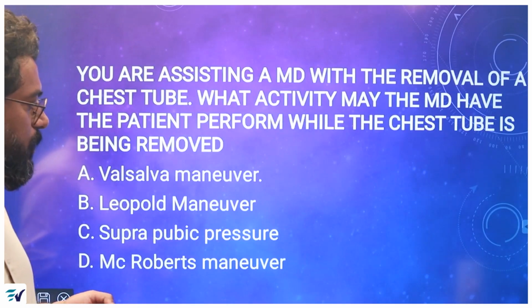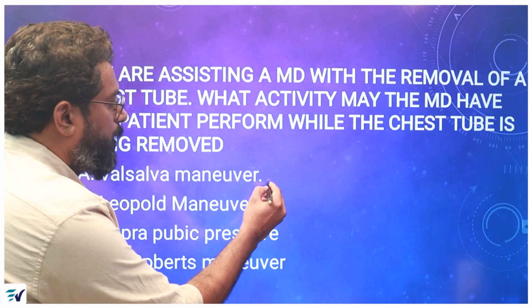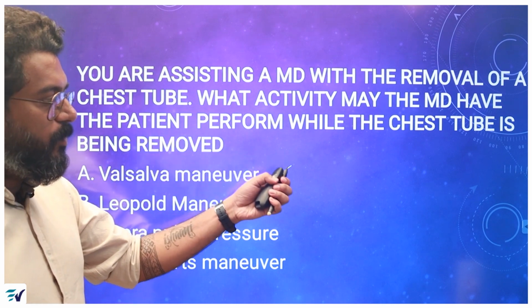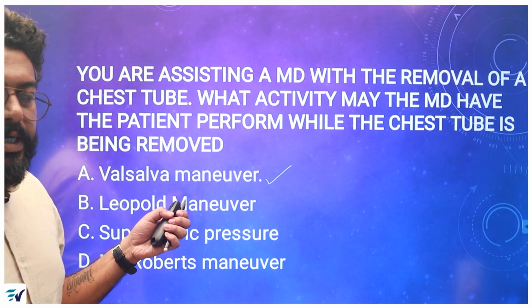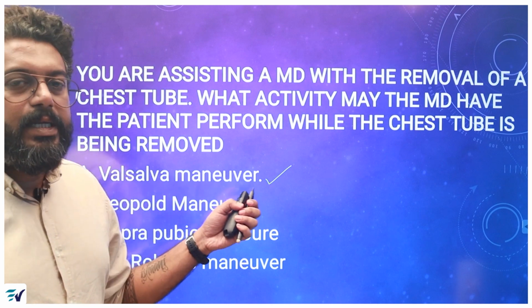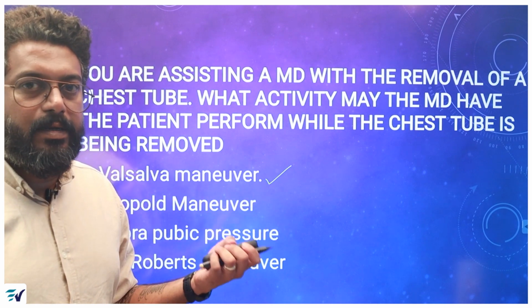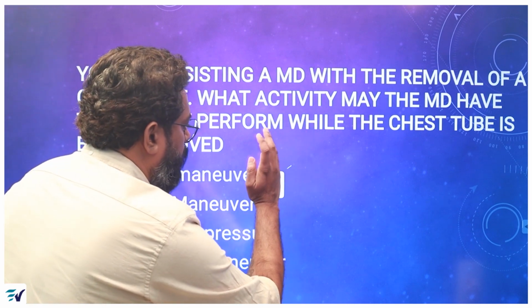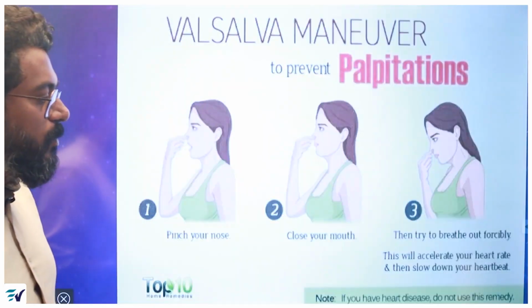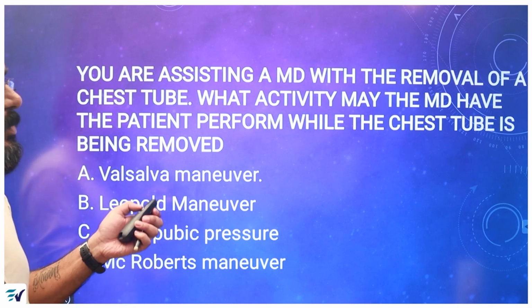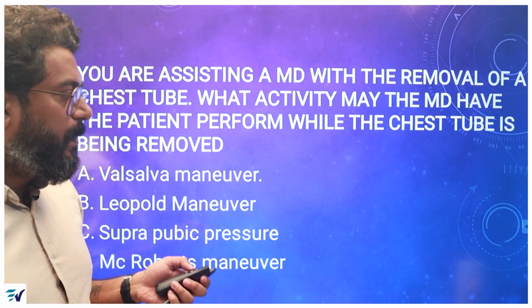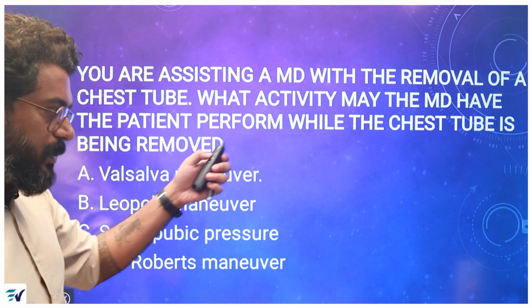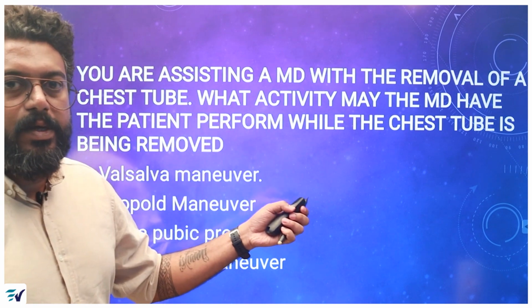So, answer is option A, Valsalva maneuver. One of the important point regarding Valsalva maneuver is that this is contraindicated in patients with heart failure because it decreases the heart rate. So, Valsalva maneuver is contraindicated in patients with heart failure. Okay. So, here the question is about which activity should be performed, which comes into the answer Valsalva maneuver.